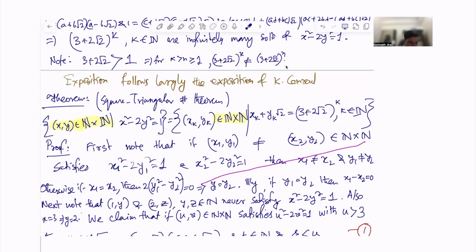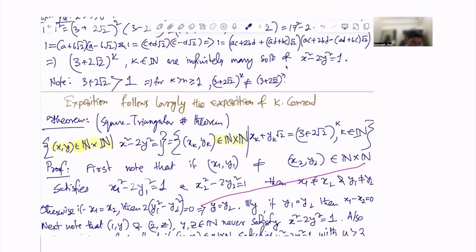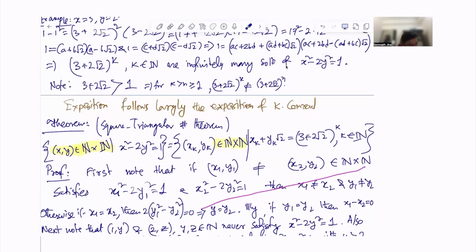If x equal to 1, then you get 2y1 square equal to 0, so y1 equal to 0. That's the trivial solution. Similarly, if you put x equal to 2, then you get 4, so 2y1 square equal to 3. So there is no solution to that.